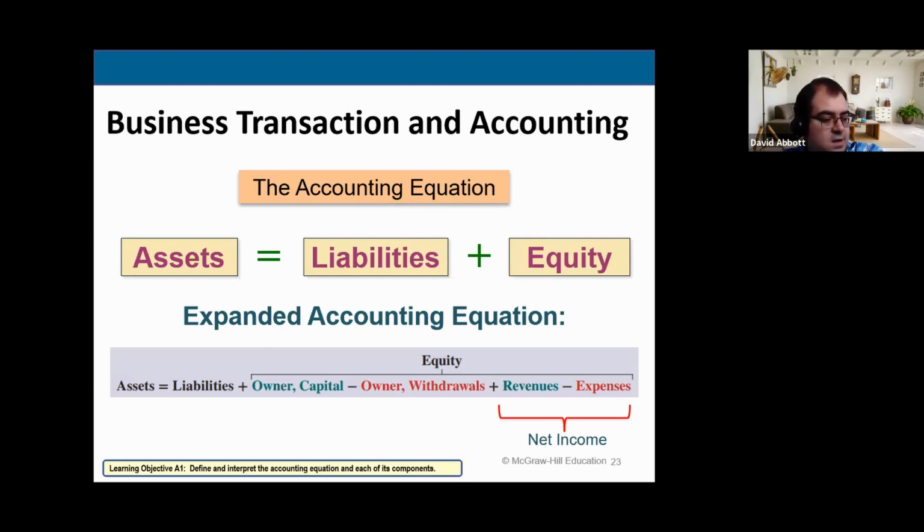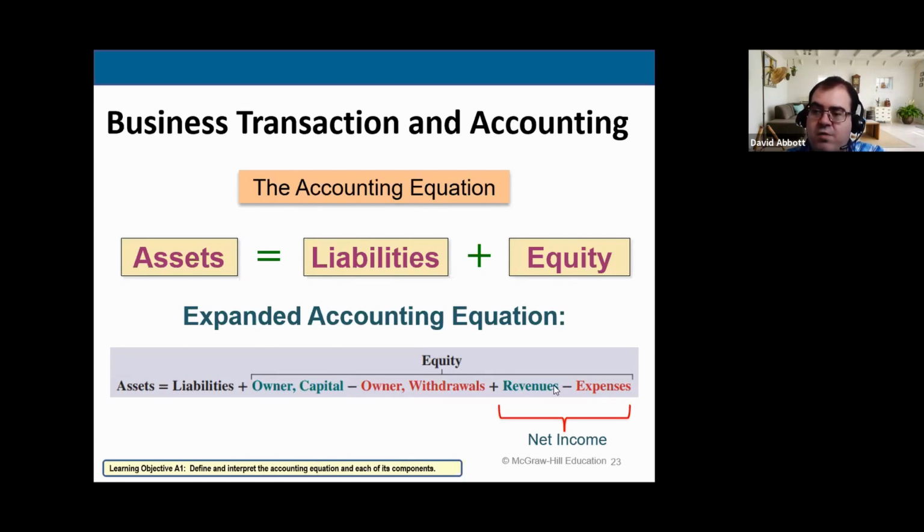So realizing that, and then you also will talk about next week about debits and credits. Okay. That'll be interesting. We'll talk about that. So again, realizing that assets equals liability plus the equity, which is owner's equity, could be capital minus the owner's withdrawals, called drawing, when he takes money out of the business, plus revenues minus the expenses.